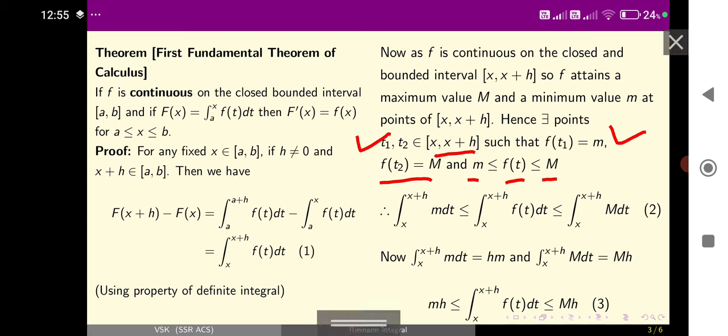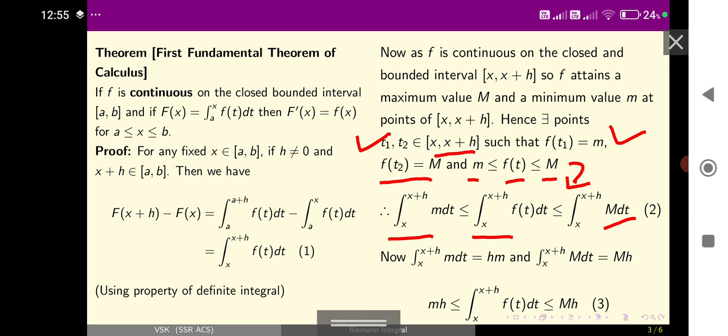Now, taking integration from x to x+h, this inequality holds over here also. So we get the integral from x to x+h of m dt is less than or equal to the integral from x to x+h of f(t) dt, which is less than or equal to the integral from x to x+h of capital M dt.